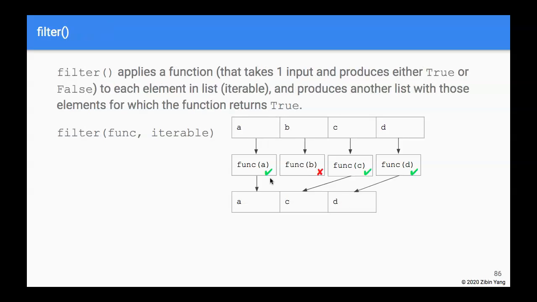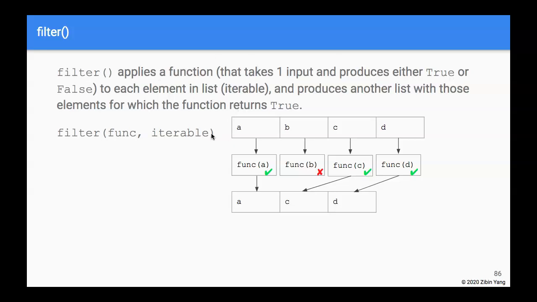So there is another higher order function called filter that takes similar parameters, so also a function and an iterable. Now that function also takes one parameter or one input, but it produces either true or false. Or if it doesn't return exactly true or false, say a number, then Python will interpret those according to the rules that it normally uses to interpret whether something is true or false.